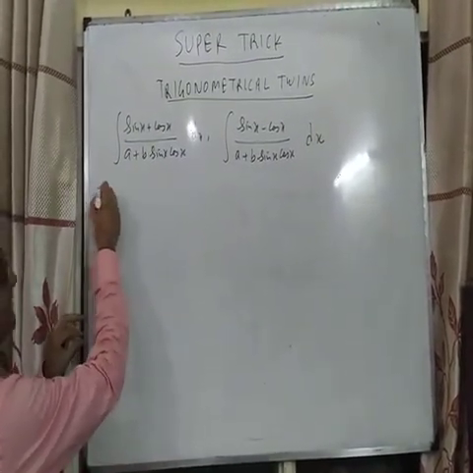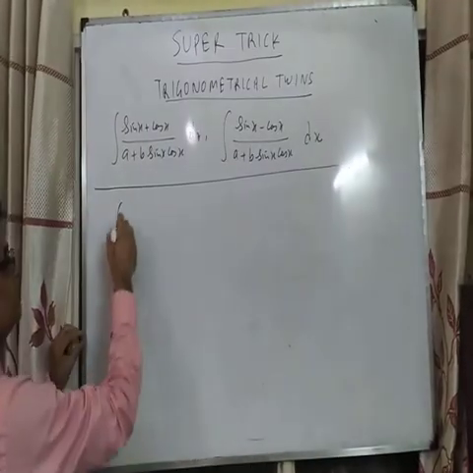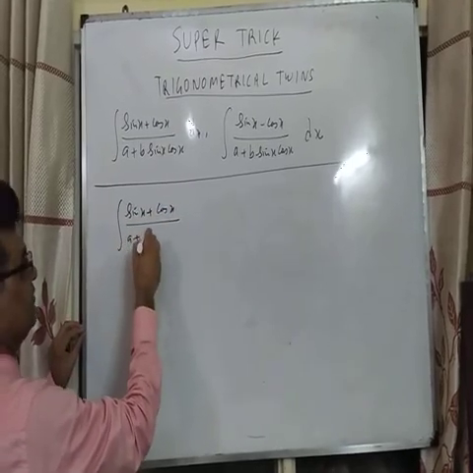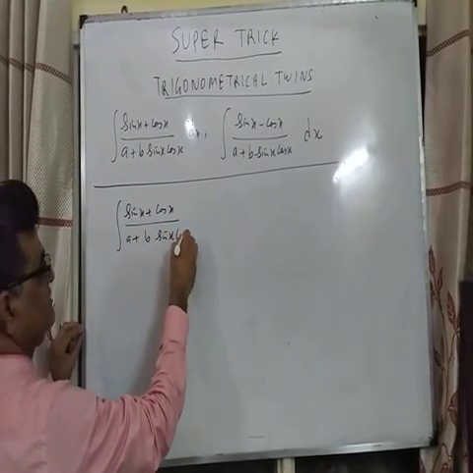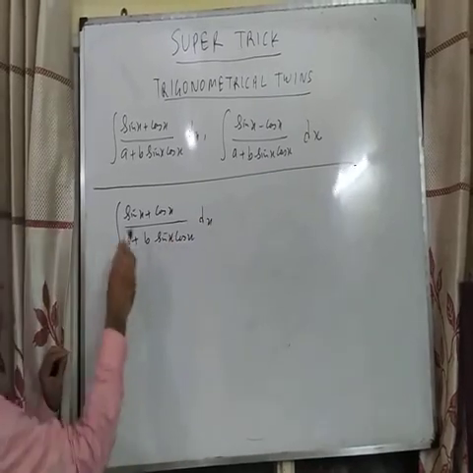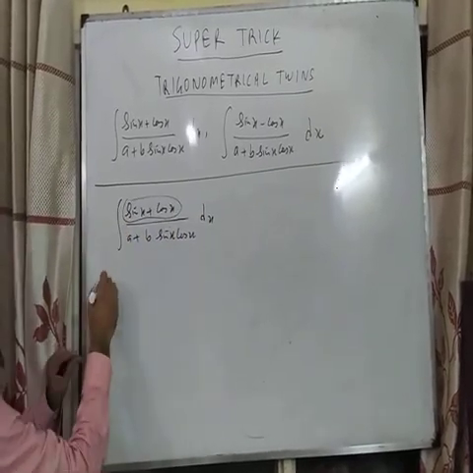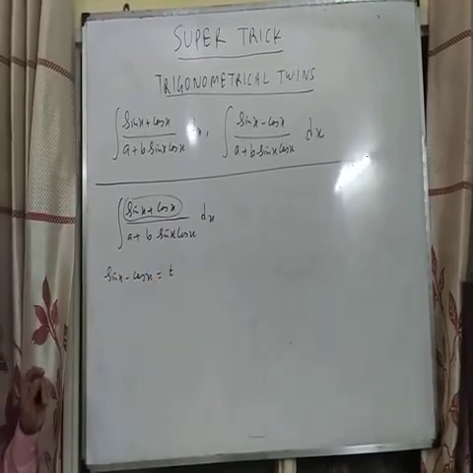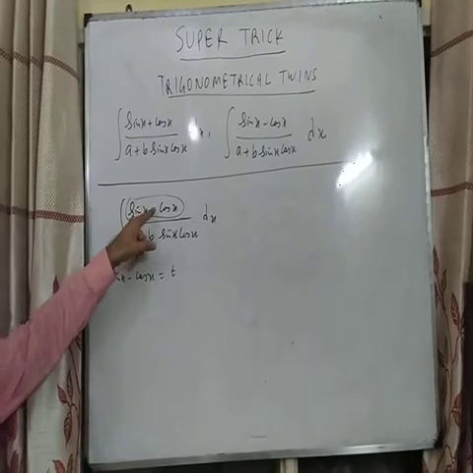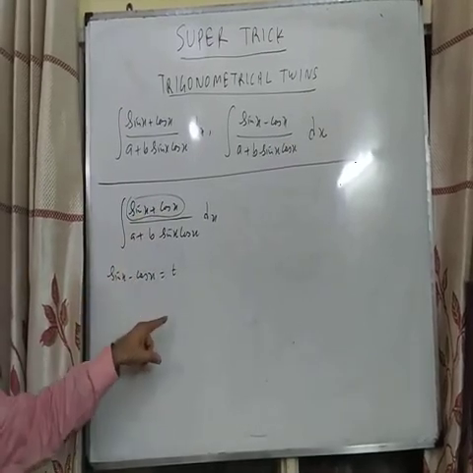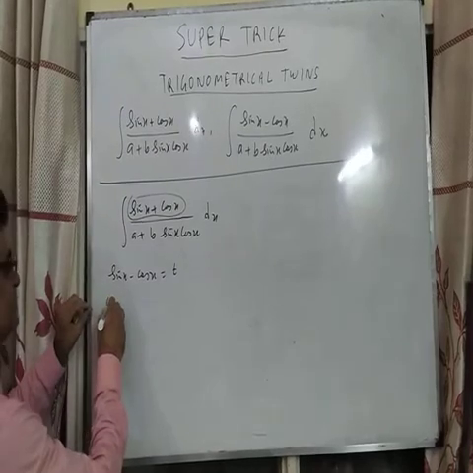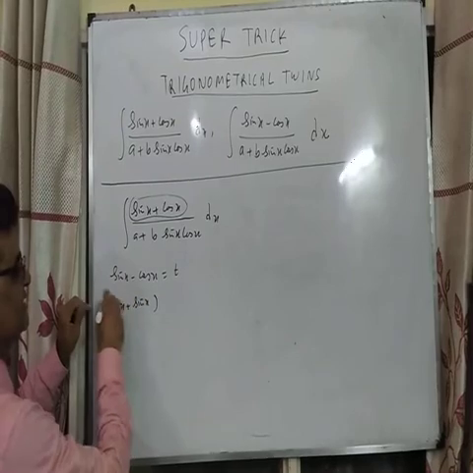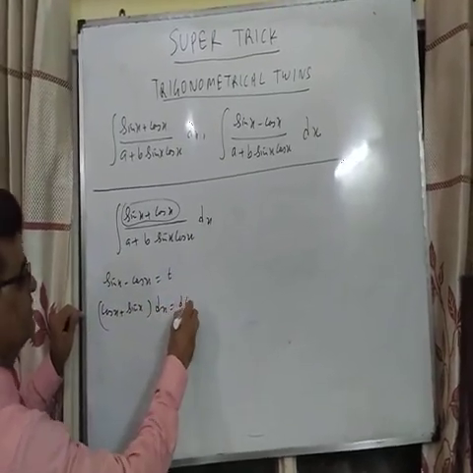This we are taking as the integral of sin x plus cos x upon a plus b sin x cos x dx. Here you can see that it is sin x plus cos x, so we'll take sin x minus cos x as equal to t. Whenever there will be plus sign here, then we'll take sin x minus cos x is equal to t. Now we differentiate: cos x plus sin x dx equals dt.